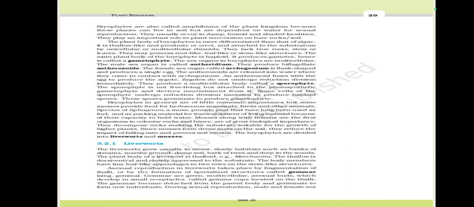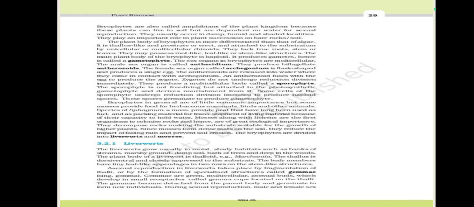The female sex organ called archegonium is flask-shaped and produces a single egg. The antherozoids are released into water where they come in contact with the archegonium, and an antherozoid fuses with the egg to produce the zygote.